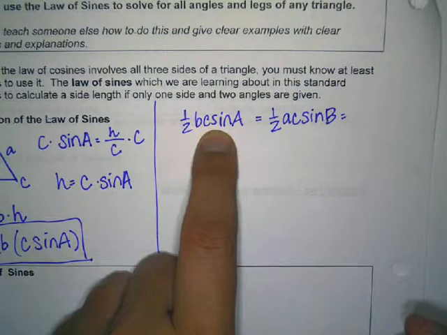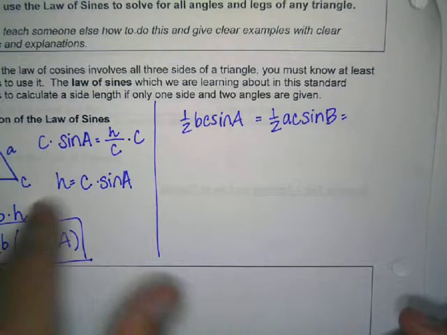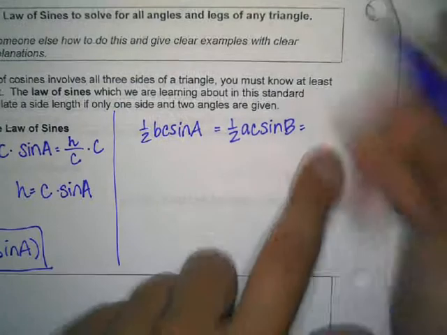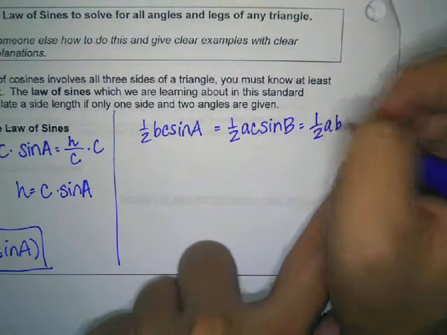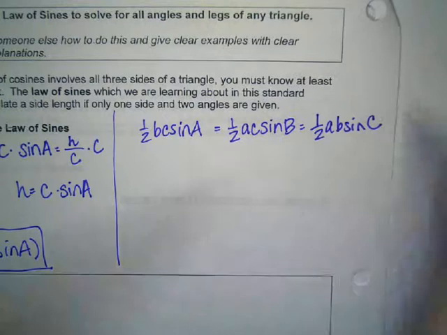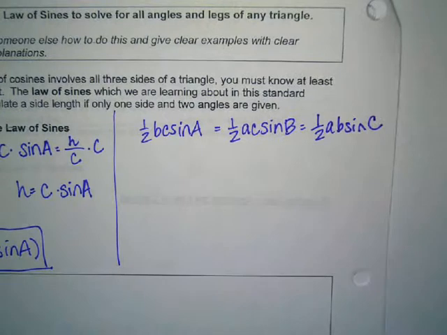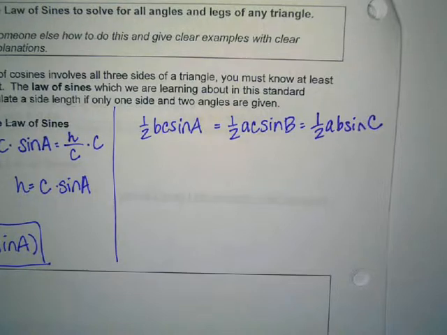It'd be the same, it'd just be a different right triangle that we were using. And then this would be the same thing as saying 1/2 of AB sine C. So all three of these would get us the same value depending on, like if we had angle B, we'd use the middle one.